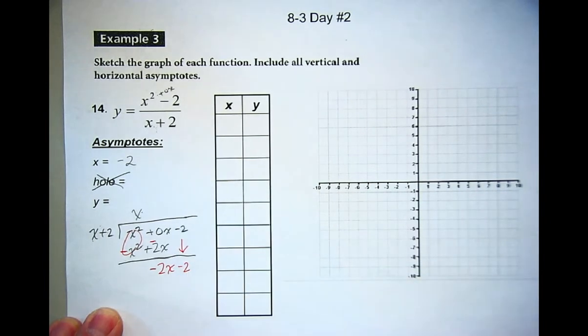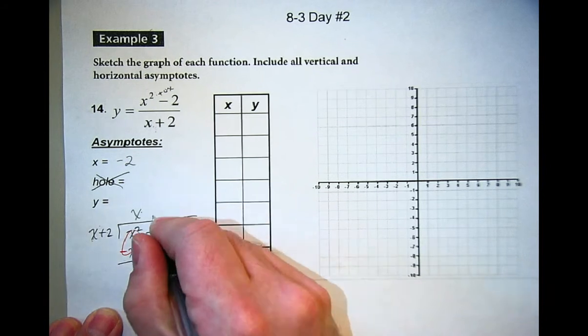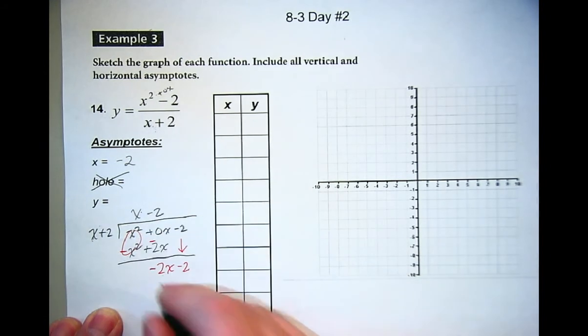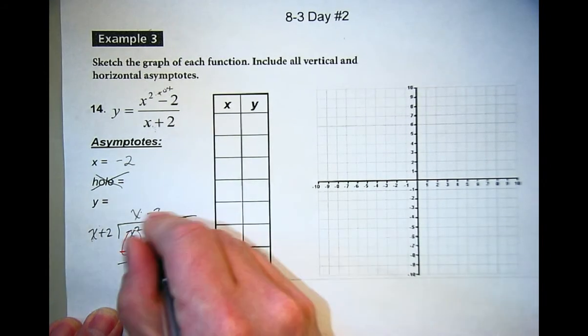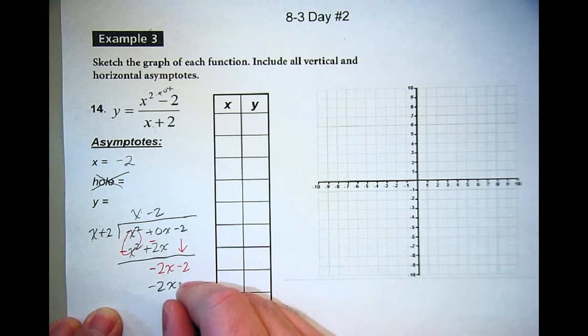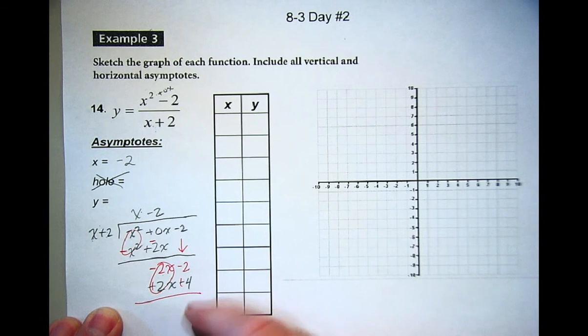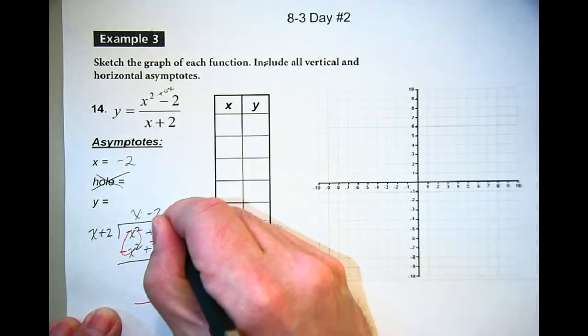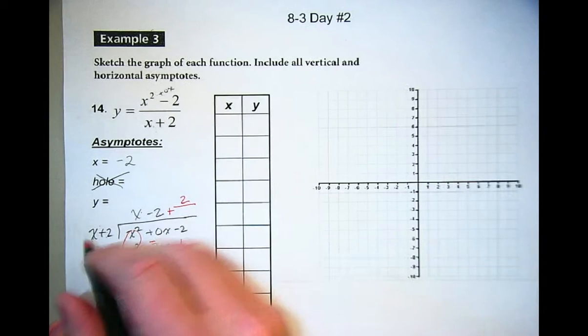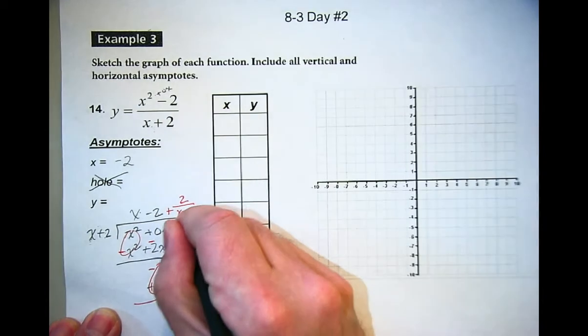And now you ask yourself again, x times what is -2x? -2. -2 times x is -2x. -2 times 2 is -4. You flip your signs again. This part disappears, and we're left with a remainder of 2. And that's a positive 2, so it's plus 2 over our divisor, x plus 2.